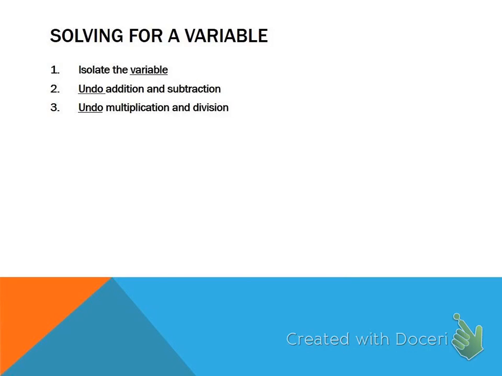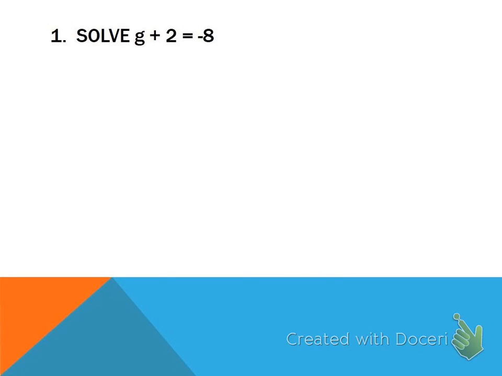That's because we're unraveling some of that simplifying. All right, so for example, this g plus 2 equals negative 8. You probably remember that in order to isolate the g, we're going to subtract 2, right? We want to undo the addition. And we're subtracting 2, so we're doing the inverse operations here because there's an equal sign. This is an equation.